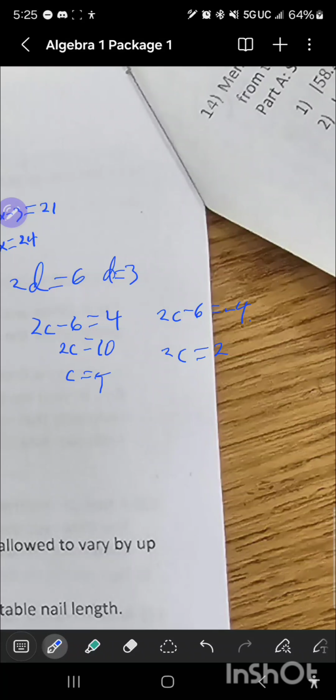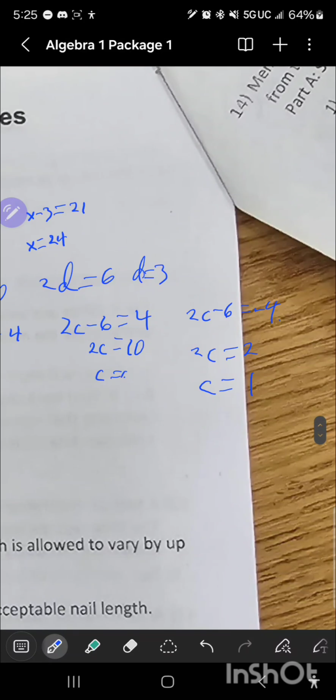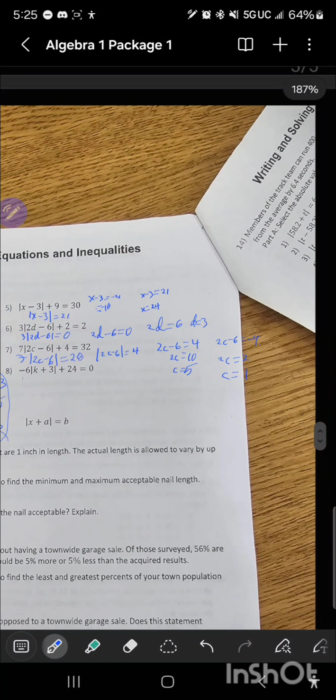That is the same as subtracting the smaller from the bigger but keeping the sign of the bigger, and since 6 had a positive sign, the result is also going to be positive, so 2c equals 2, and then c equals 1. Let me make this prettier. Here we go. And that's our answer.